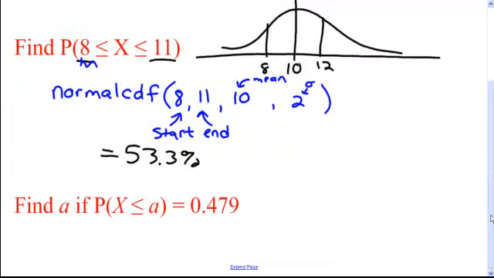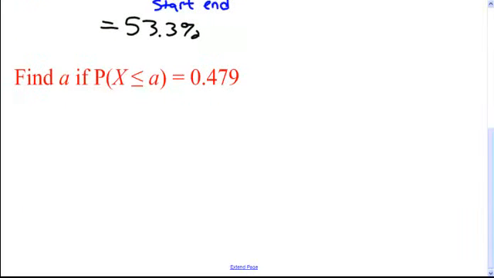The second part to this question is now looking at finding A if I give you the probability. So now I have to work backwards. To work backwards, we have to find the inverse of a normal distribution. So in our calculator, we have to look for inverse norm. So INV-NORM.